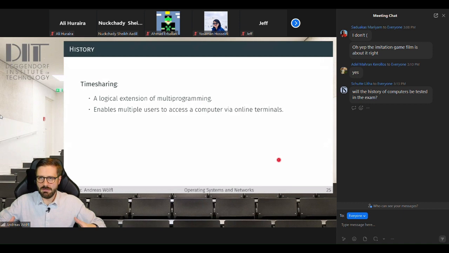Again, imagine we have a basement with the computer room, and a lot of computers are in there, and people are programming in their offices. With time sharing, they had online terminals, like input-output devices, displays, and keyboards, in their offices, and they could communicate with the computer via these online terminals.